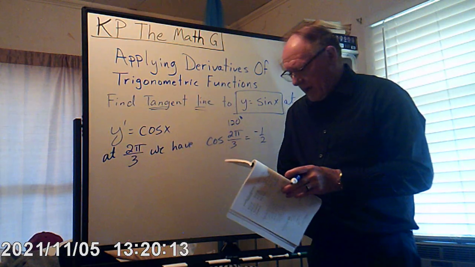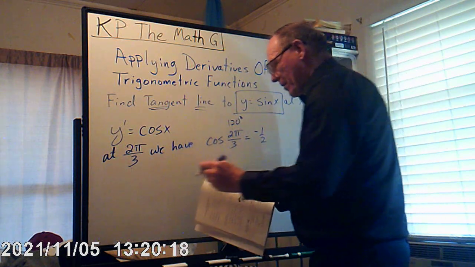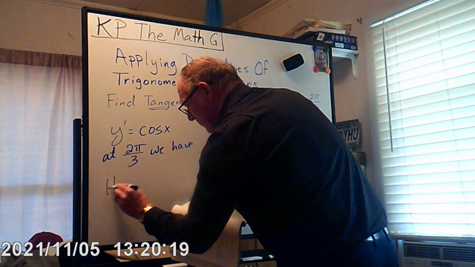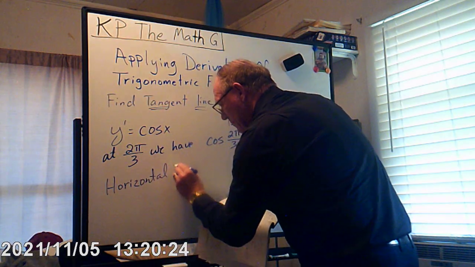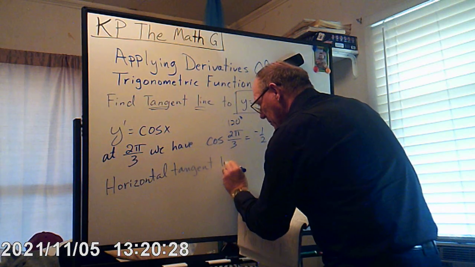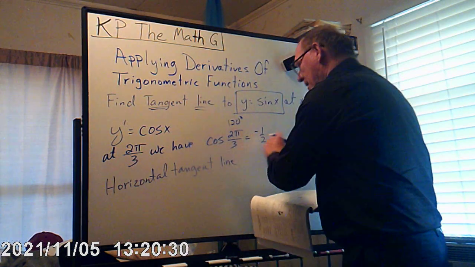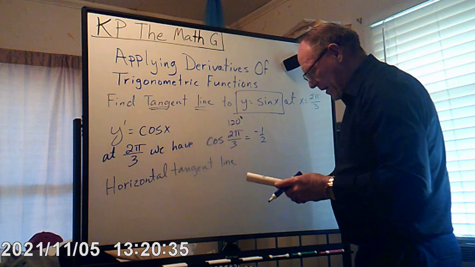Alright, tangent line is horizontal. Okay, so horizontal tangent line. We already have the slope of the tangent line.